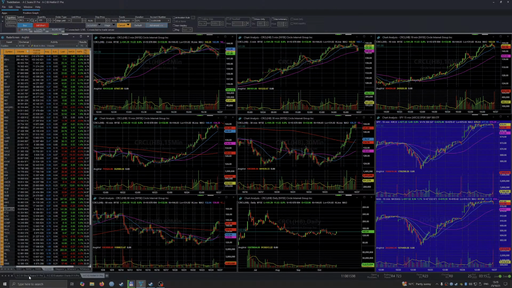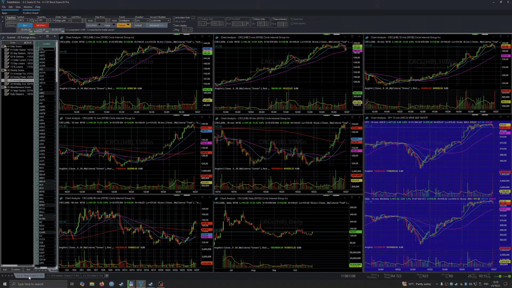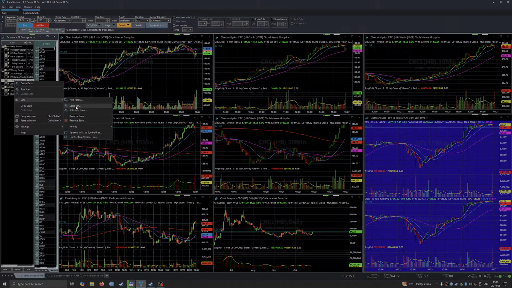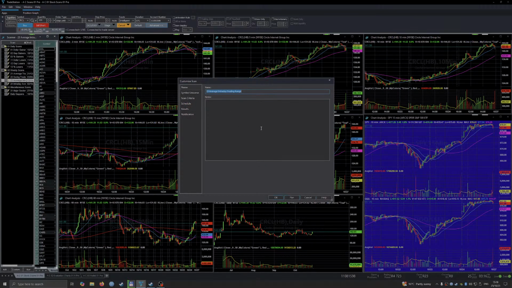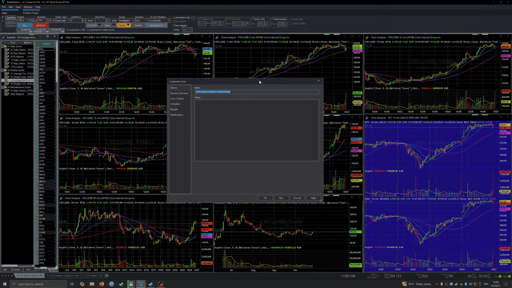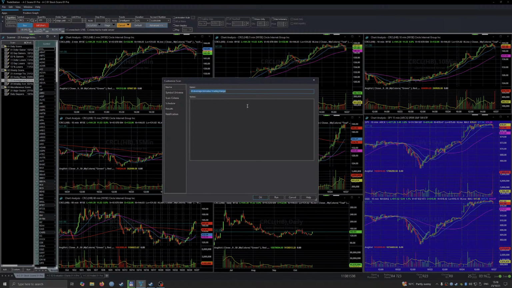I mentioned a stock universe and this is where I generate one. Let's open this, and there. This is called my average intraday trading range.